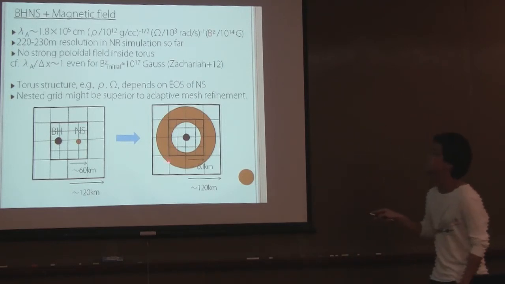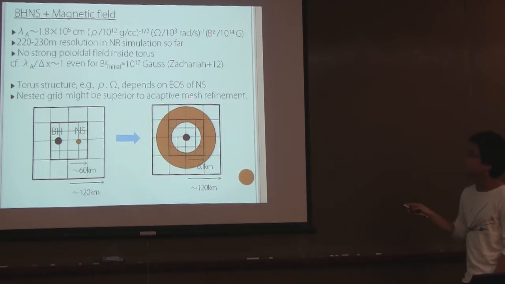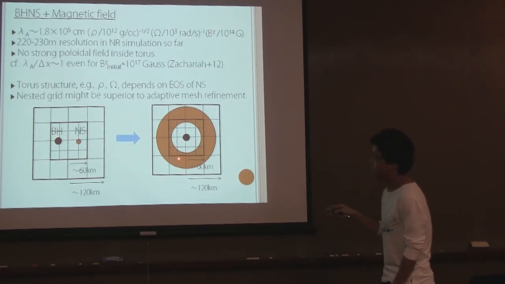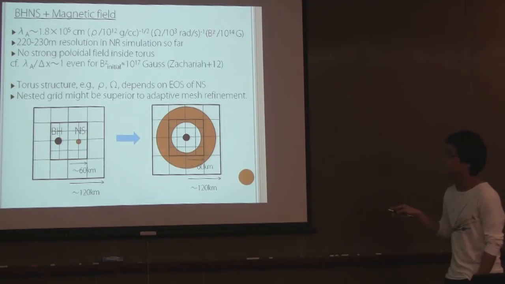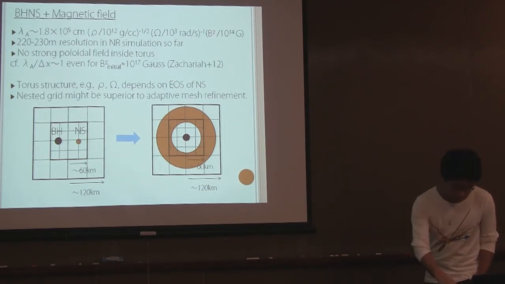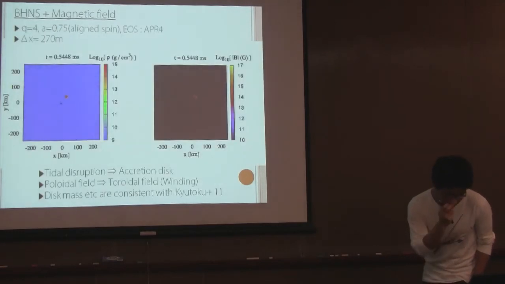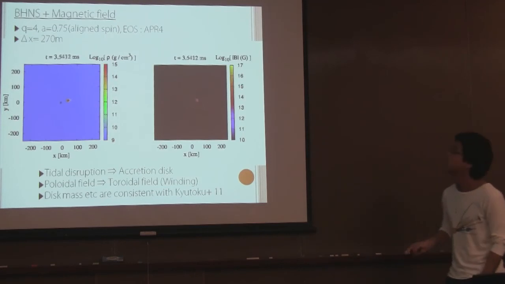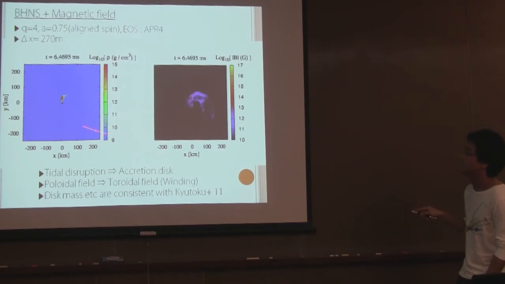On the other hand, in adaptive mesh refinement, the neutron star and black hole are covered by the finest grid box, and a coarser one is assigned to the accretion disk. So it is difficult to resolve the MRI case. We are now exploring this point by performing GR simulations, and this is a result for the test calculations.